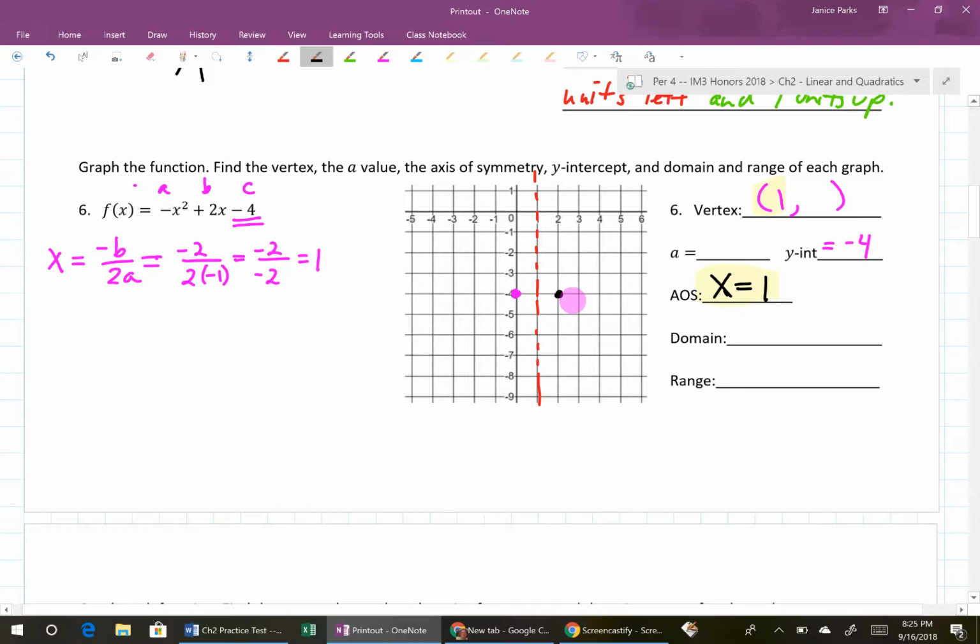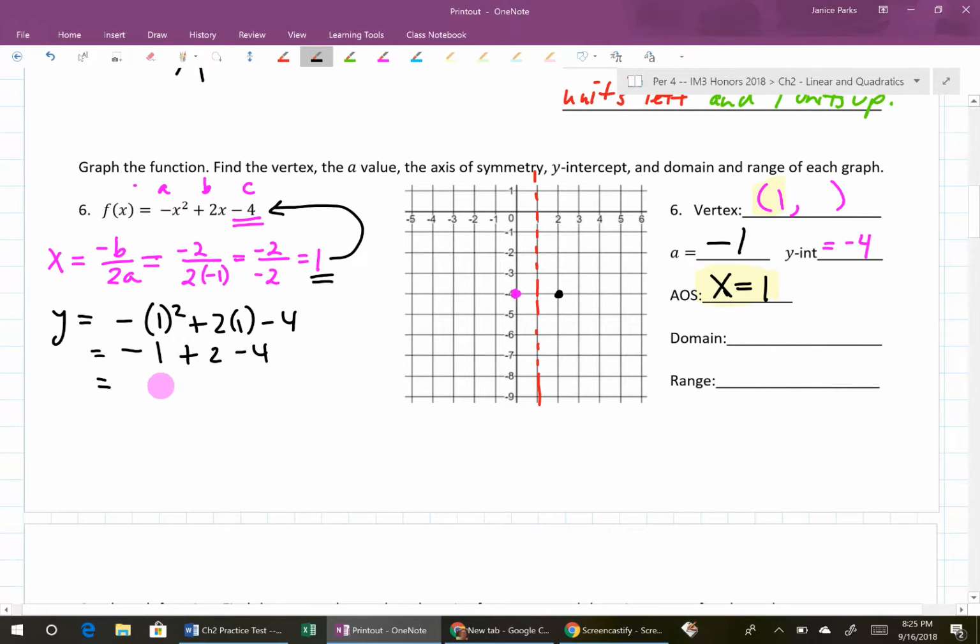Since the a value is negative 1, this is an upside down parabola. If you want to find the y value of the vertex, you just plug in 1 for x. So you get negative 1 squared plus 2 times 1 minus 4. So that's going to be negative 1 plus 2 minus 4, which is 1 minus 4, which is negative 3.